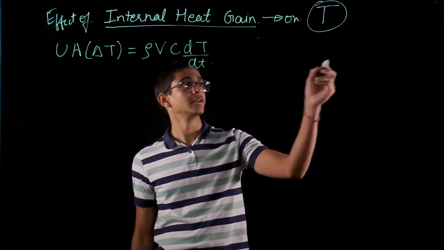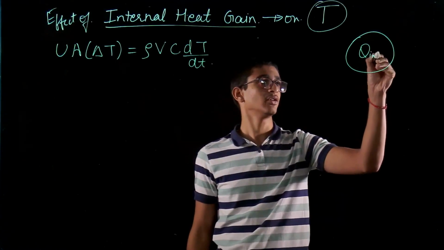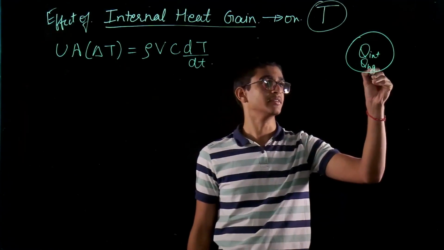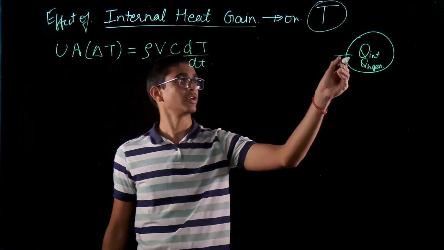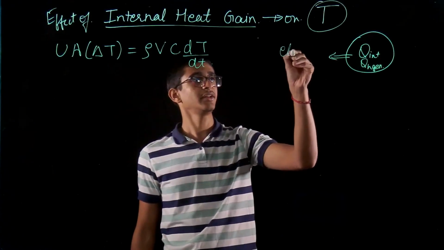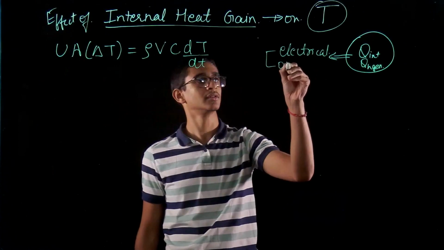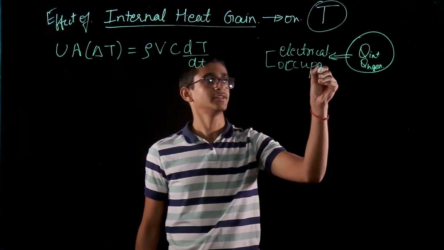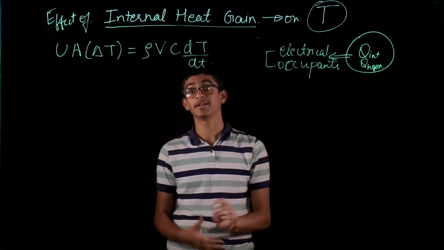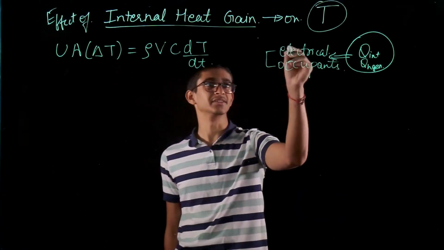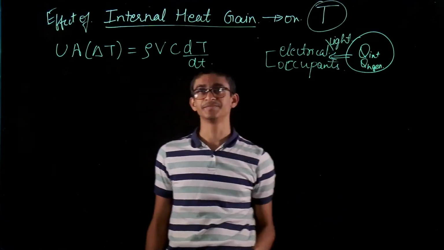But if I have a body and there is some heat generation, Q internal or Q generation, inside my building, this heat generation for a building means electrical heat gain from occupants. These are the two factors from which the building can internally generate heat, or from appliances. Electrical means appliances or lights, everything included over there.